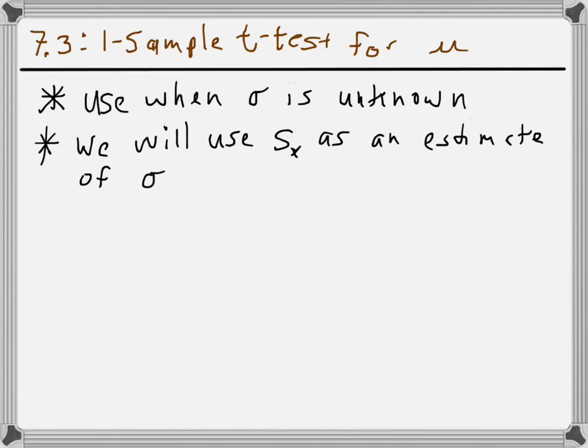We use this when the standard deviation of the population sigma is not known, as is more likely going to be the case than it is known. And the idea is we're using S sub x, the standard deviation of my sample, as an estimate of the actual population standard deviation sigma.